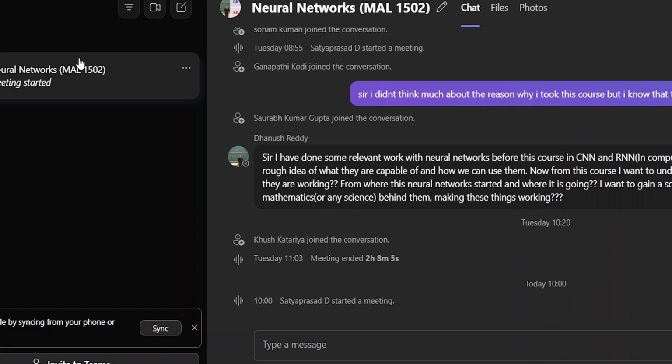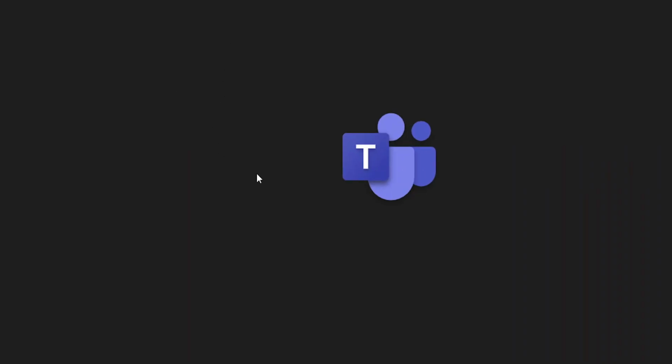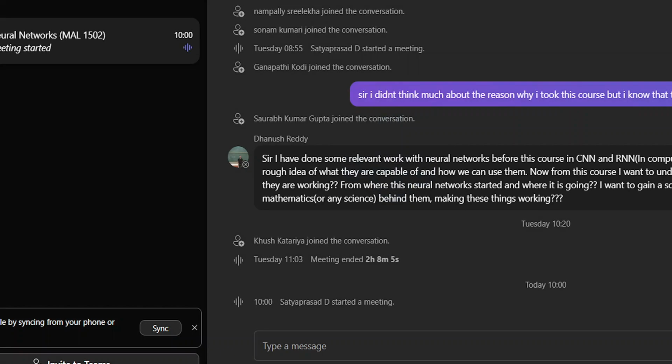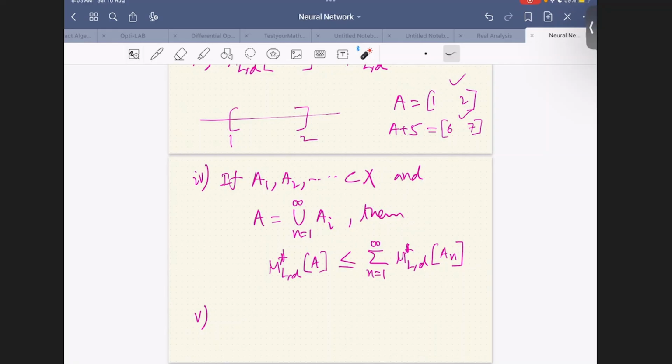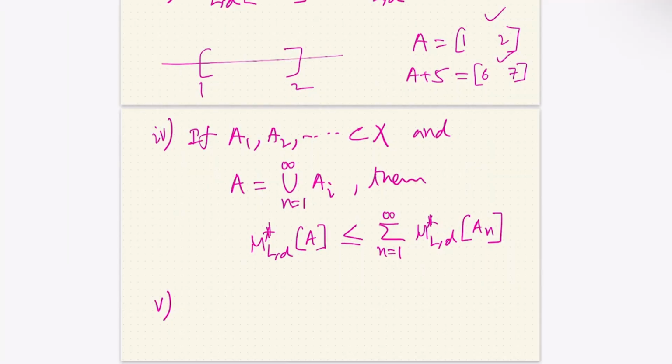Earlier I showed you something with equality. Now the measure can be accumulated twice, so the right-hand side can be bigger if the sets overlap.